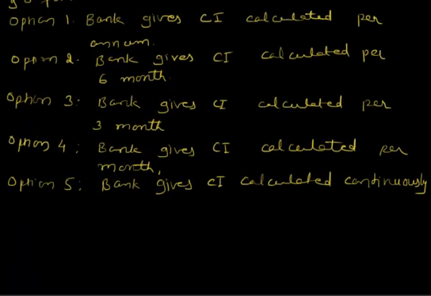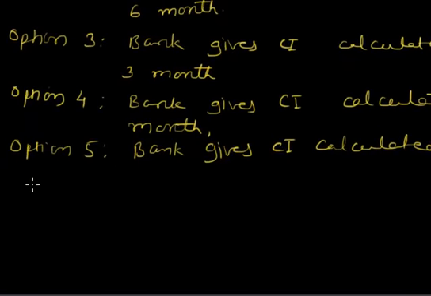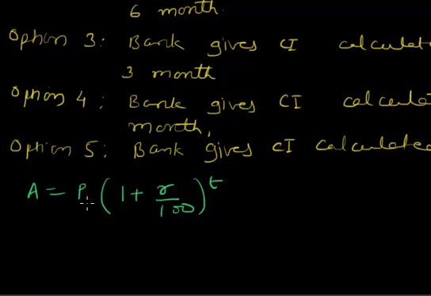So if I take option 1 and I look at the amount at the end of the year, you already know that the amount is given by the formula P times 1 plus R over 100 raised to T, because the amount is calculated per annum.